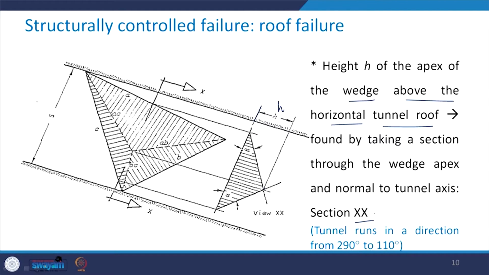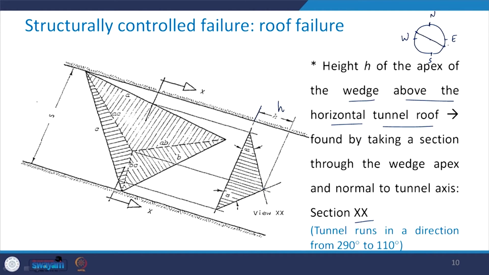So, on the stereo net, you see this was the reference sphere, where this is, let us say, your north direction and this is south, east and west. So, 290 will be, let us say, somewhere here and 110 will be somewhere here, and this has to pass through the center.